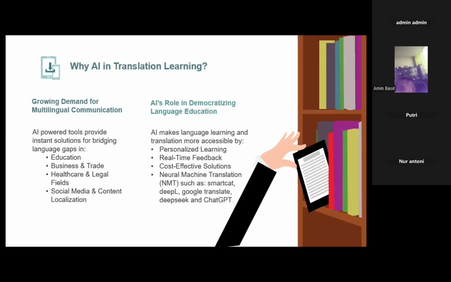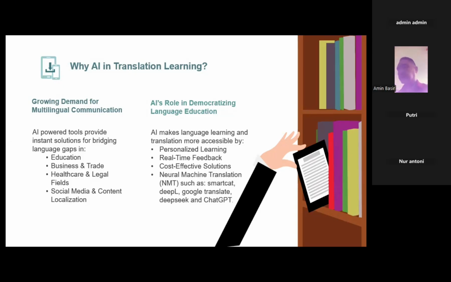It helps as the main tools. And then neural machine translation or NMT. NMT is an advanced approach to machine translation that uses artificial neural networks to translate text from one language to another.